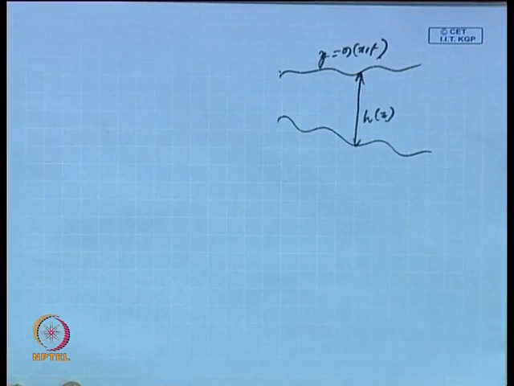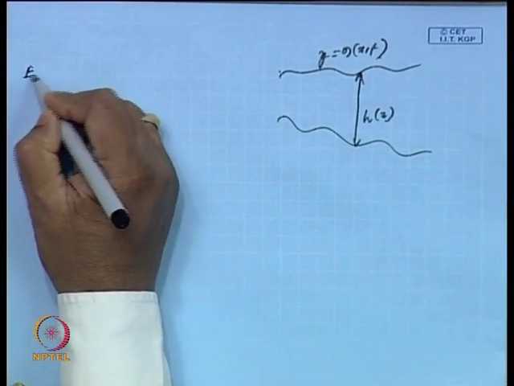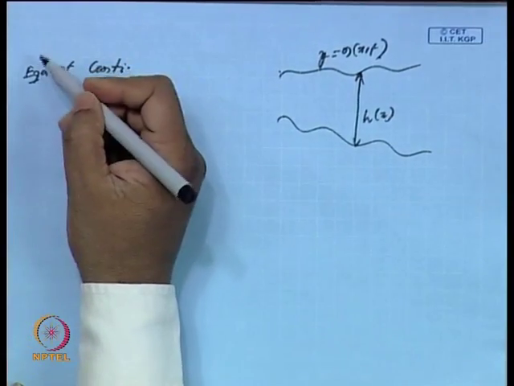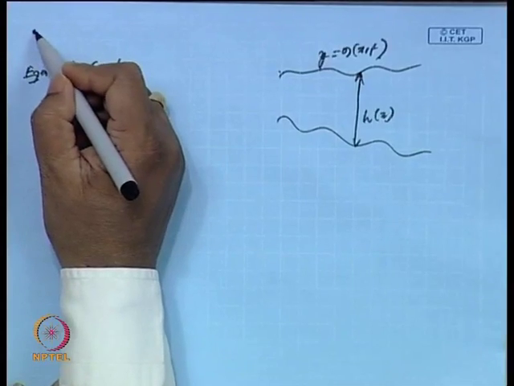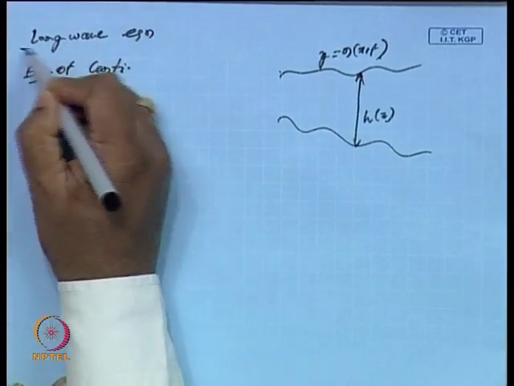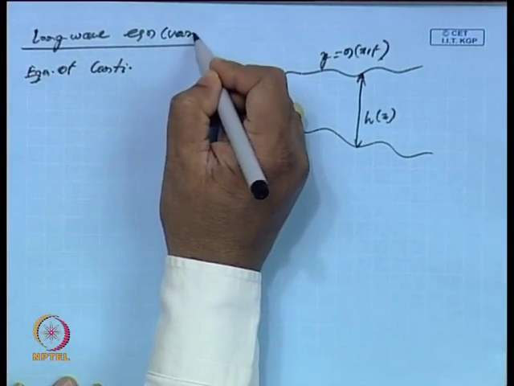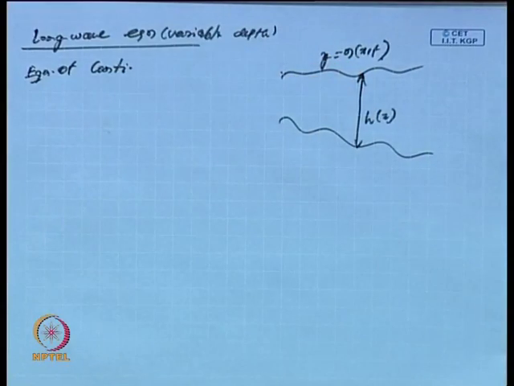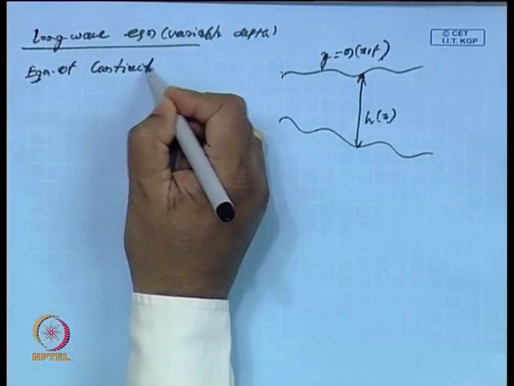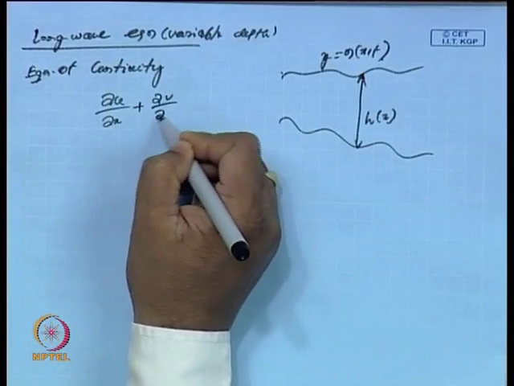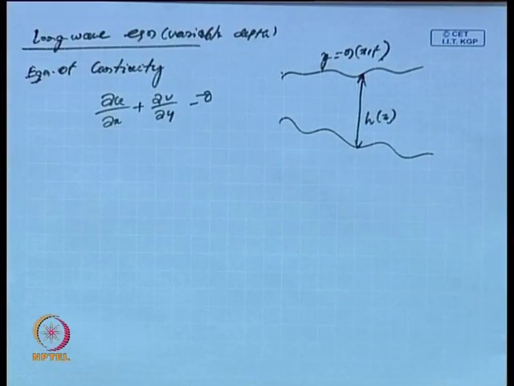Then in 2D we have the equation of motion and equation of continuity for the long wave equation with variable depth. So, the equation of continuity will remain the same, del u by del x plus del v by del y is 0, and it can be simplified.